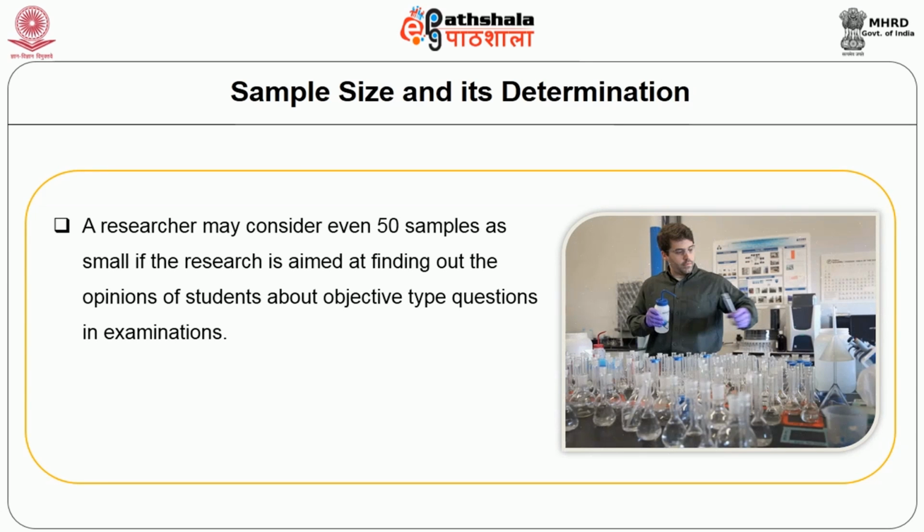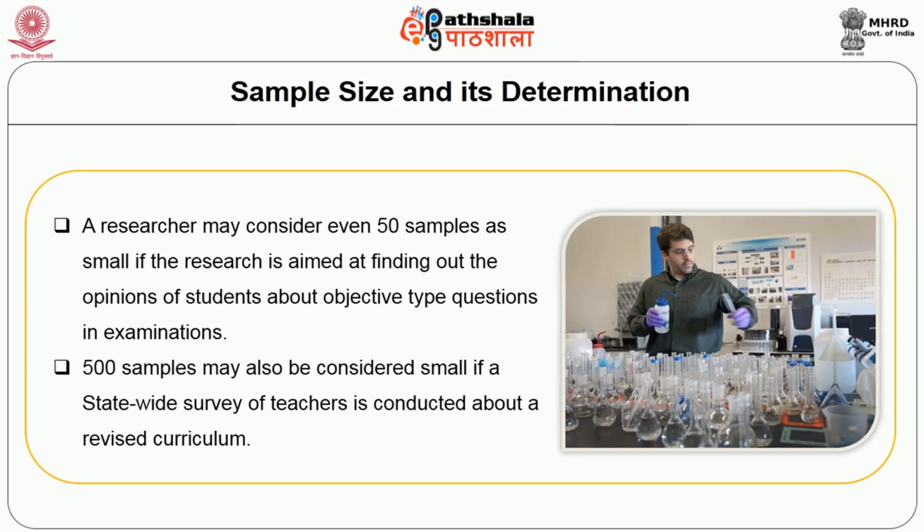On the other hand, a researcher may consider even 50 samples as small if the research is aimed at finding out the opinions of students about objective type questions in examinations. 500 samples may also be considered small if a statewide survey of teachers is conducted about a revised curriculum.